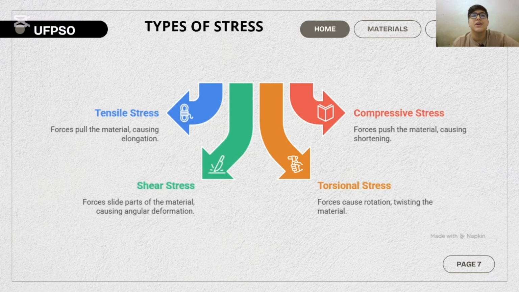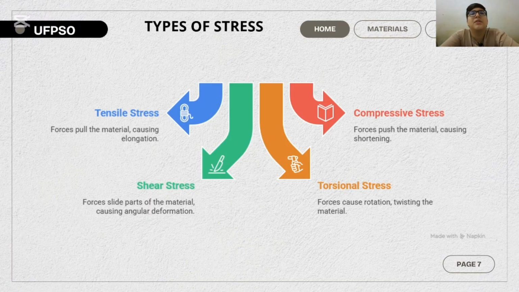Torsional stress. Torsional stress occurs when a material is subjected to a pair of forces or torque that cause rotation. This causes the sections of the material to rotate relative to each other.